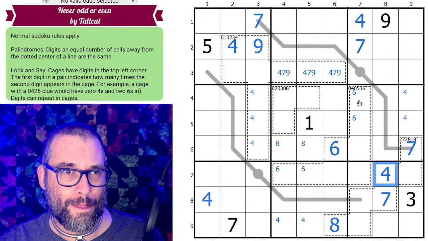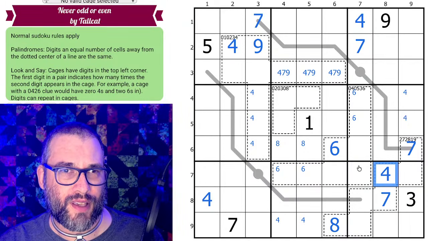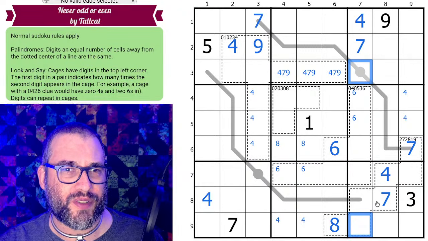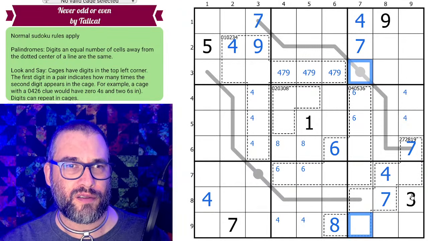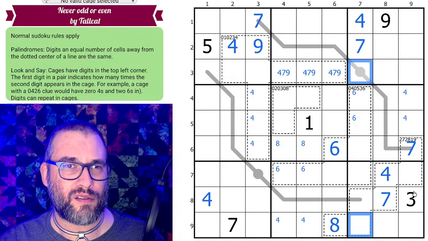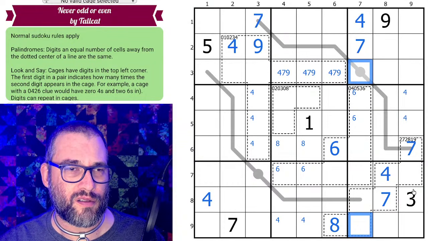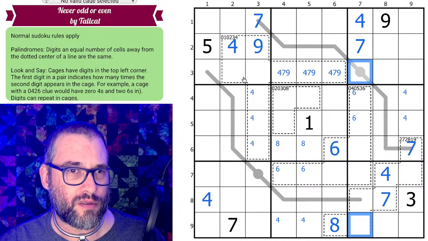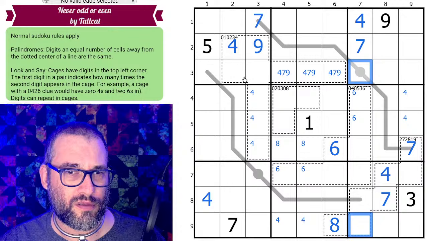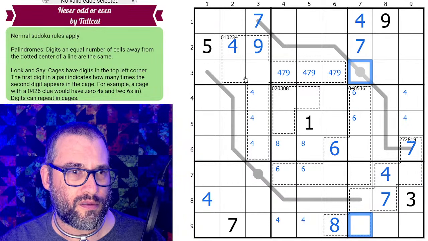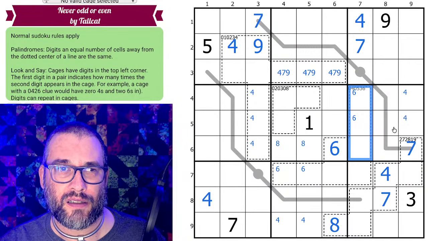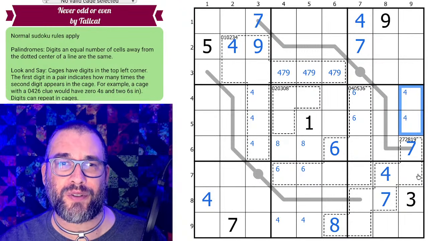Let's see, 5. 5 has 2 places in column 7. Three in box 1. Five in box 6. Ah, very nice. The 5 joins the 4.